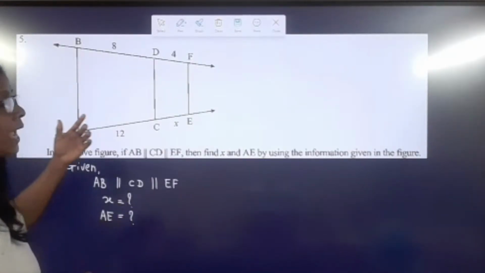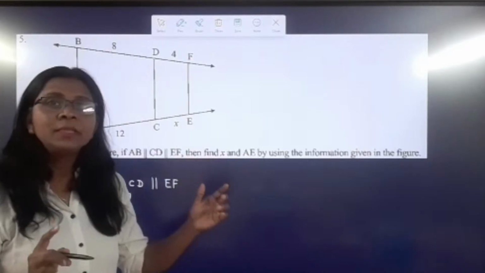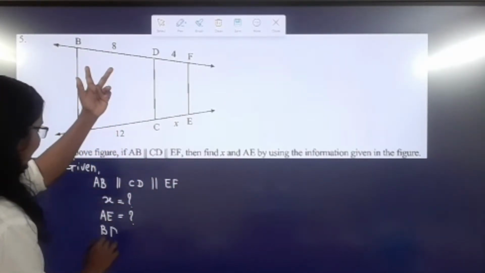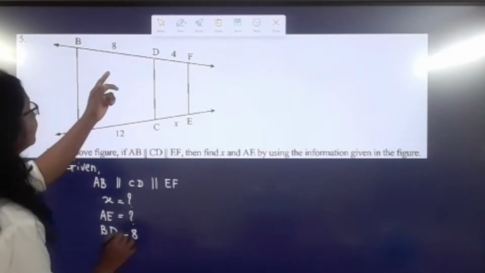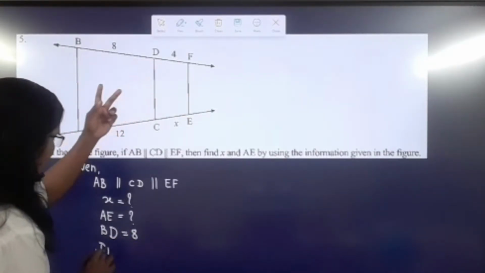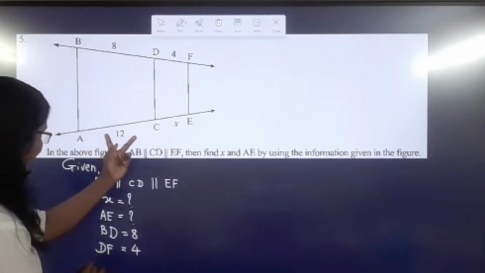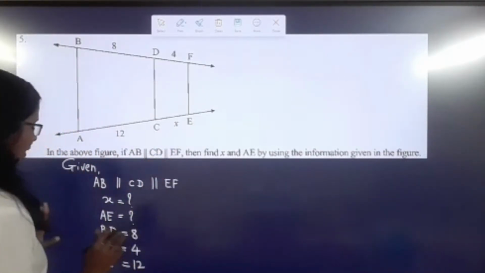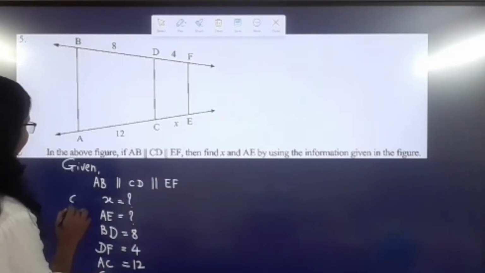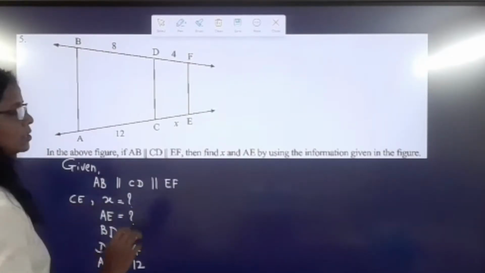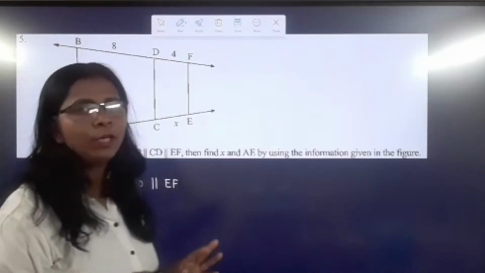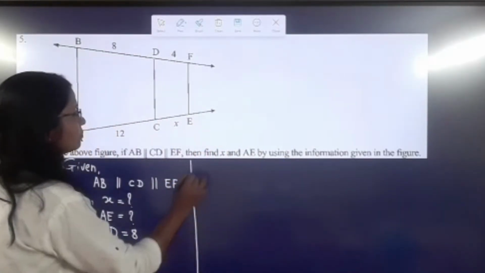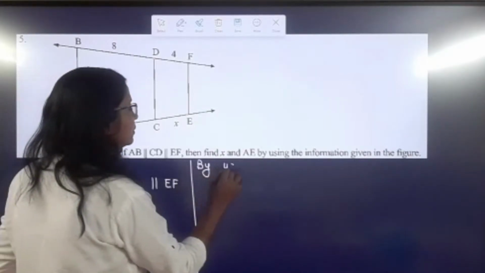As per the figure, BD is equal to 8, DF is equal to 4, AC is equal to 12, and CE is equal to x, which is question mark, that we have to find out.